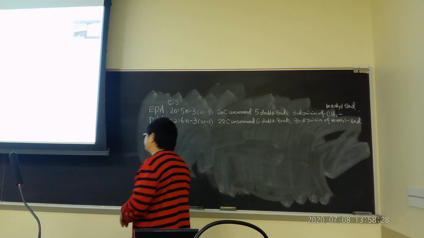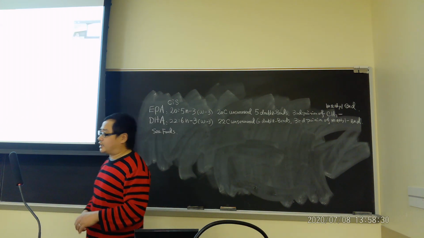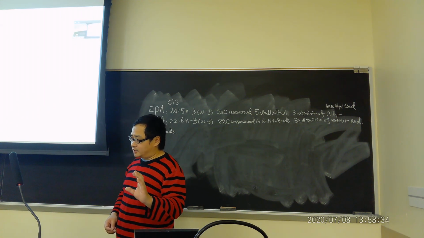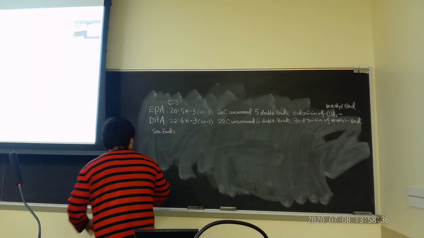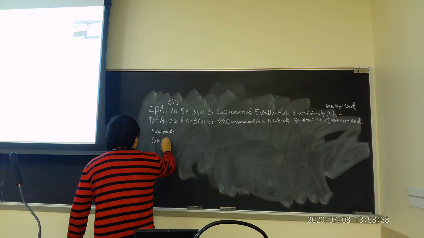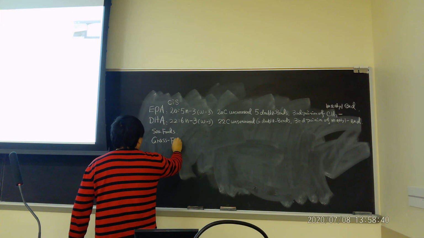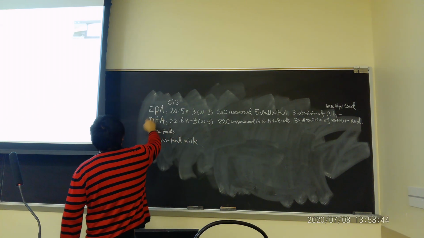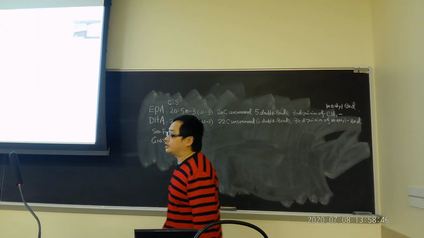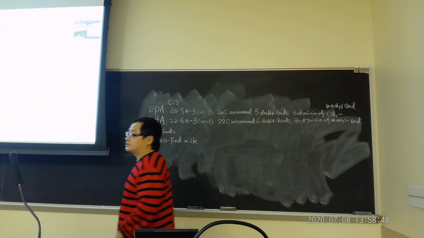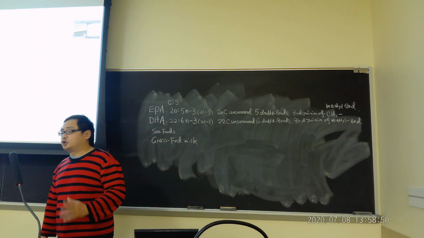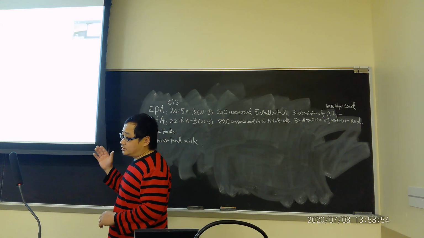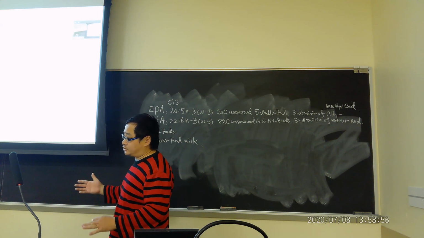Another thing I want to mention is sometimes you buy milk, which is cow milk. They will say it's grass-fed milk. And if you look at the label, they will say it contains EPA and DHA. The reason is some of them could be generated from linolenic acid, producing EPA and DHA.